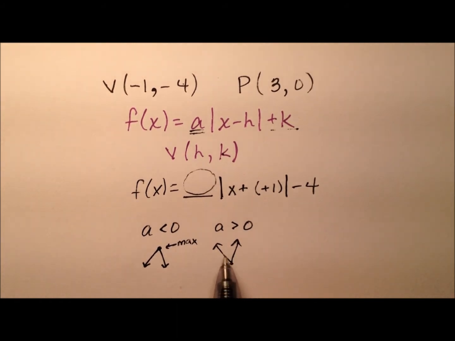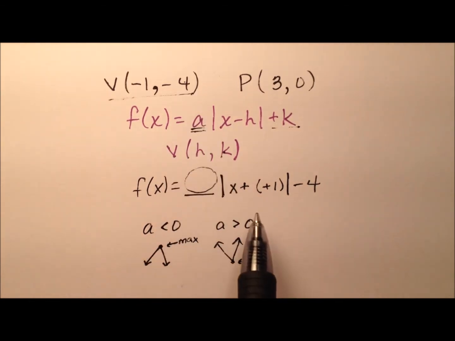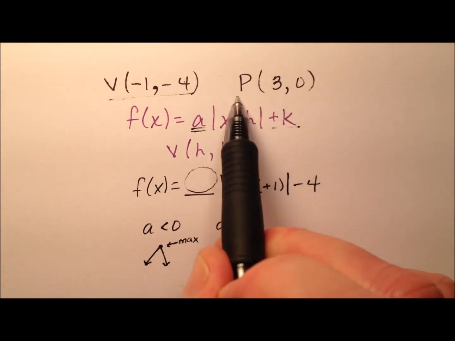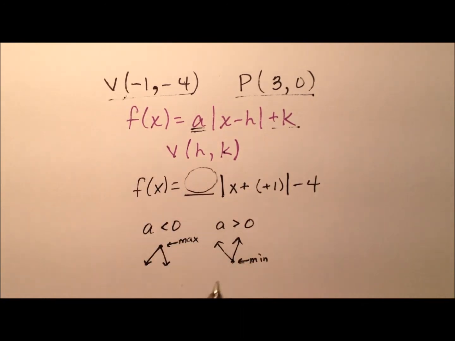Similarly, when it's opening upward, this lowest point is going to be the minimum, and that's the vertex. So we just need to decide, is this point P above or below the vertex?